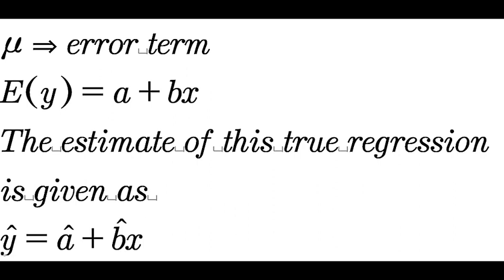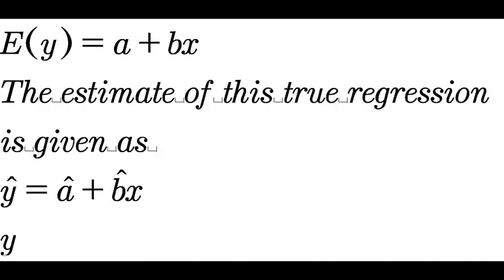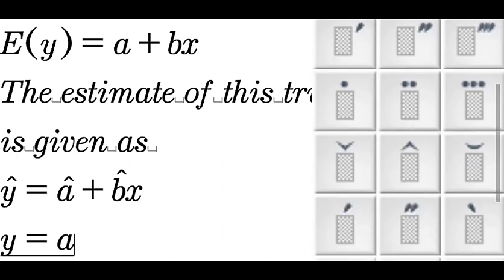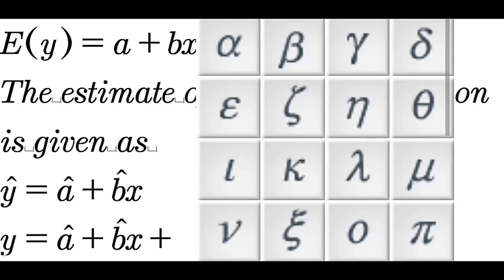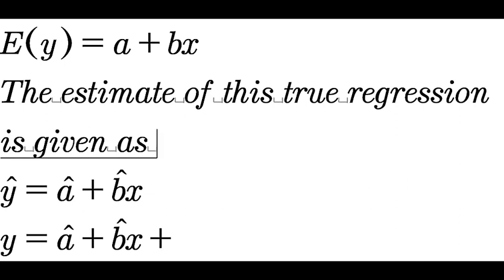We can still say that the estimate of the true relationship between the variables y and x is given as y equals a hat plus b hat x plus e.